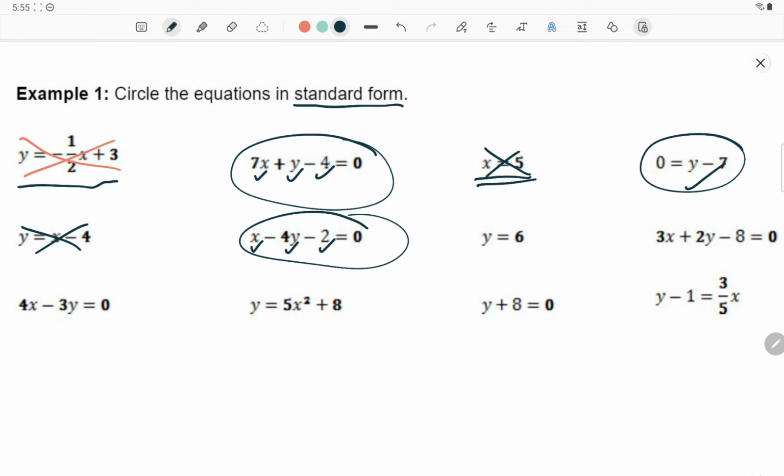And again, we can see here, y equal to 6. This is one of those cases where you have a number and a variable on opposite sides, so we're not going to count that as standard form. But if we have everything on the same side of the equation and the number in front is positive, that will be standard form.